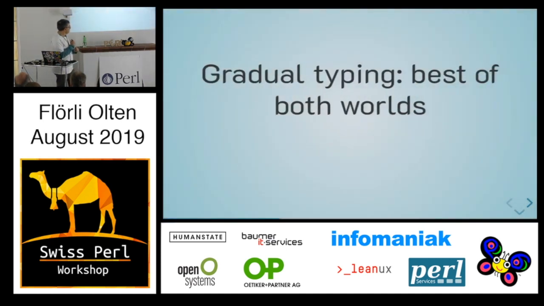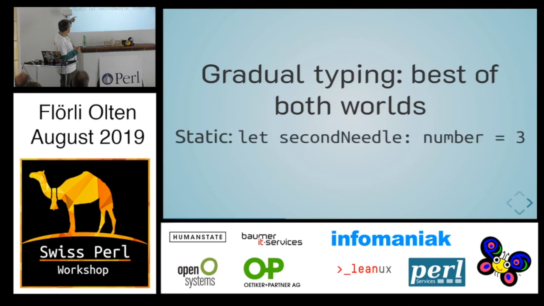Something else, gradual typing. Gradual typing is a very nice thing. It's static typing and also dynamic typing at the same time, so that you can create something that's a variable, and you don't say that variable is going to be anything at all. So in this case, you say that it's static, so you say that second needle is going to be a number, it's going to be 3, right?